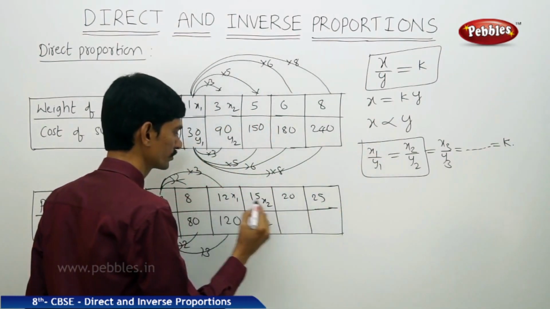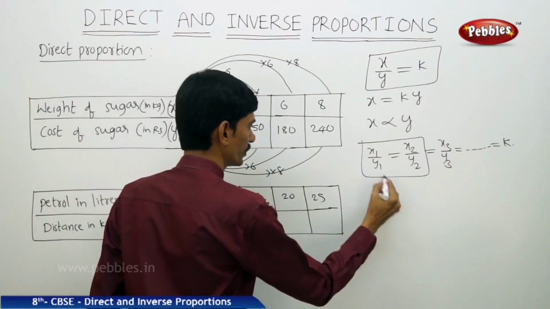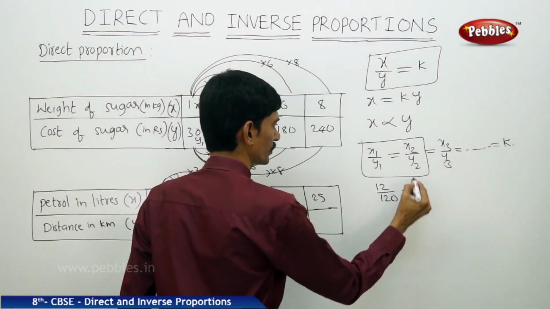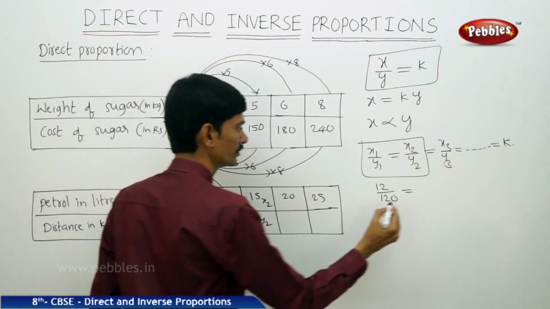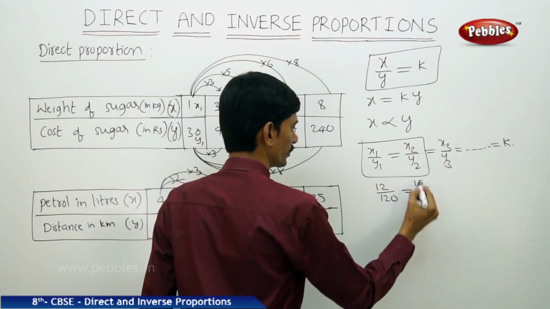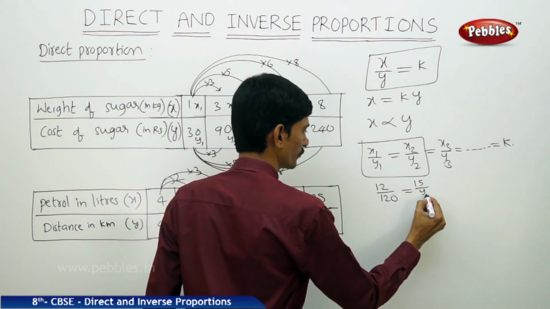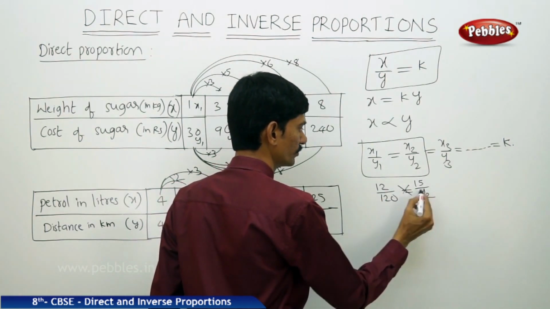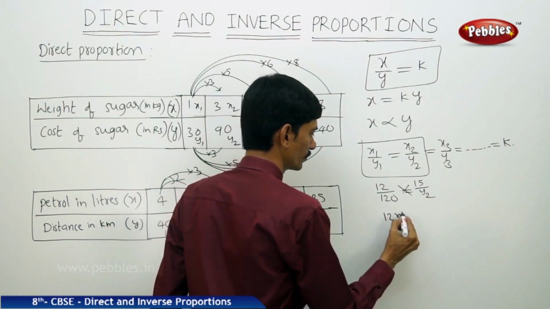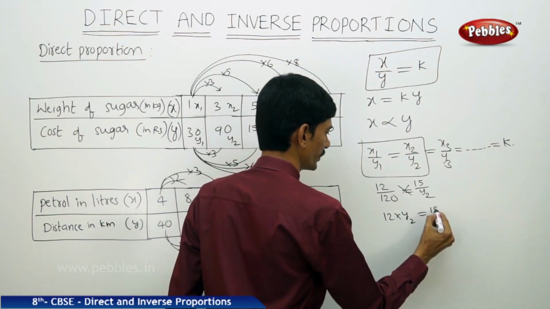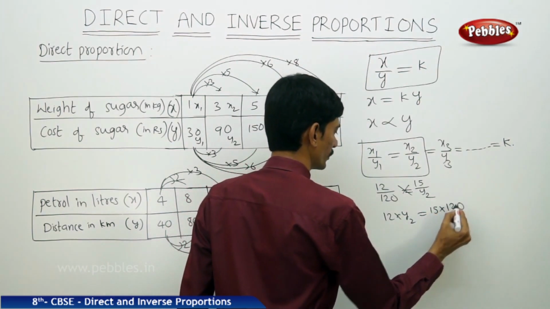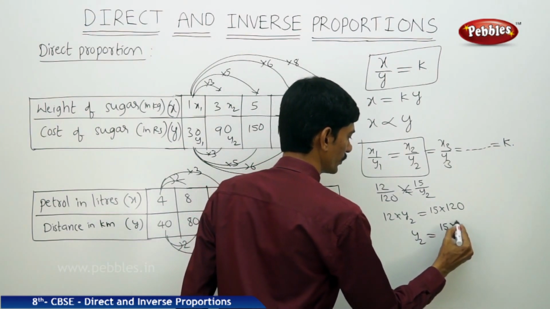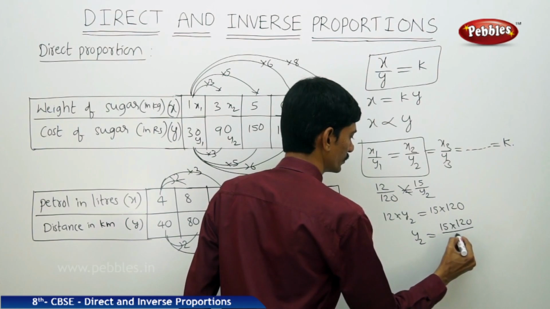Now x1 value is 12 by y1 value is 120, this equals x2 value is 15 by y2 value, which we don't know, so we will write y2. Now by cross multiplication we get 12 into y2 equals 15 into 120. Now y2 equals 15 into 120 by 12.